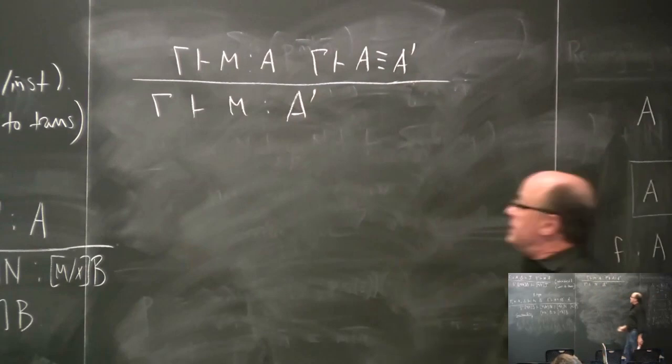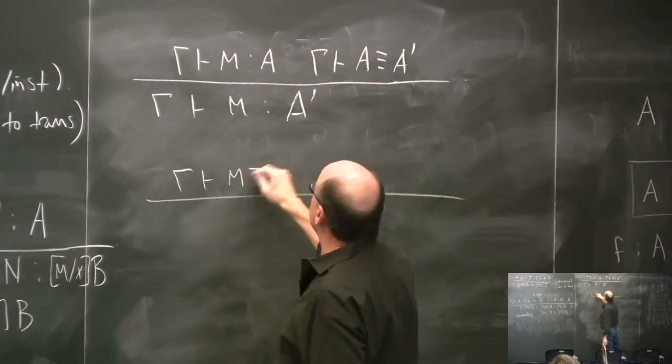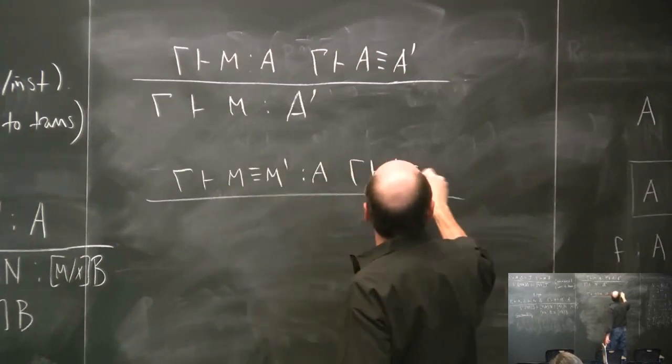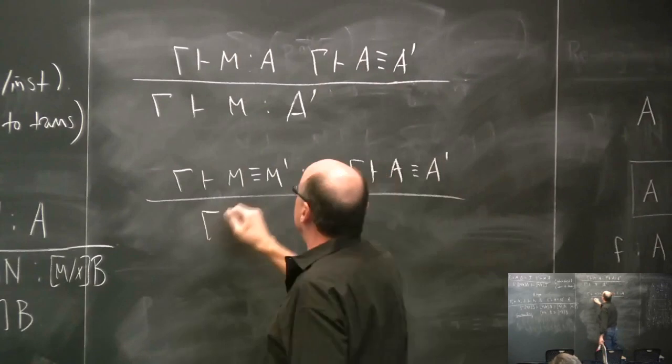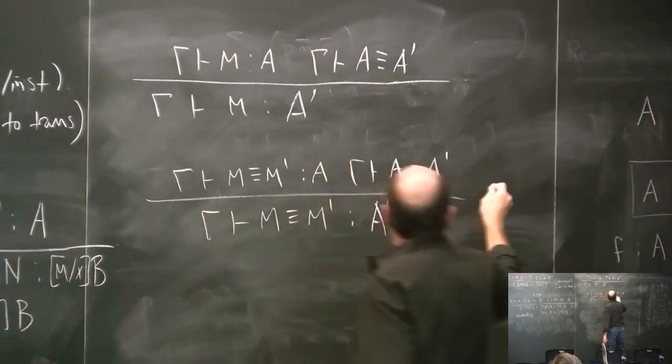And similarly for definitional equality, if m is m prime in A and A is A prime, which is quite important, this proves m is m prime in A prime.